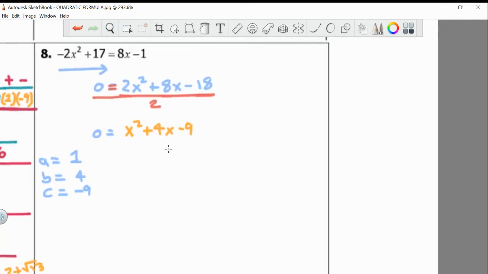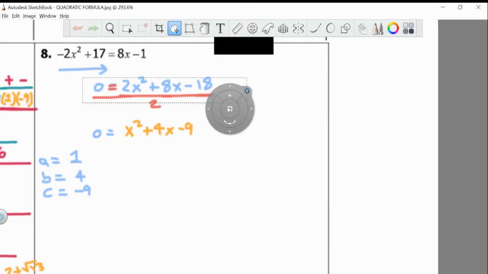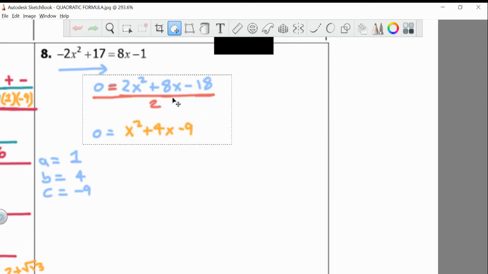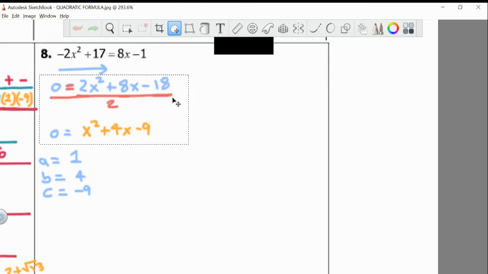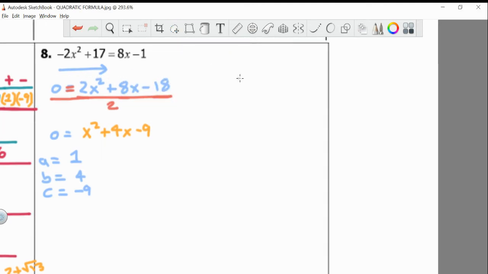Now, it's all about managing your space. I have a nice big box here, and I want to use it as well as I can. I think I might even try to give myself a bit more room here, right? It's all about organizing and staying sharp within your box, and staying well organized.